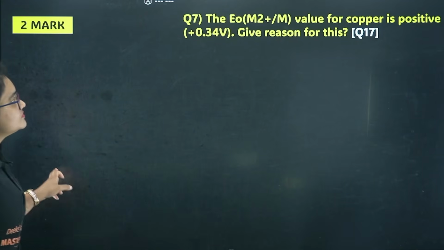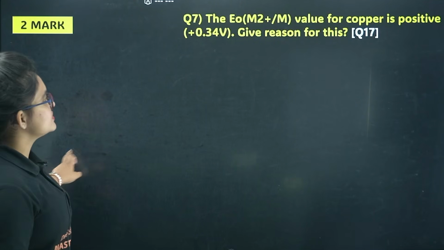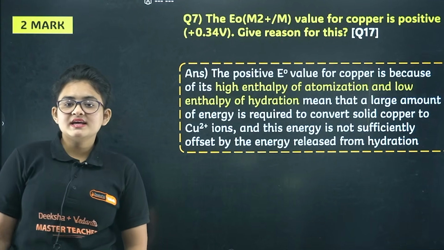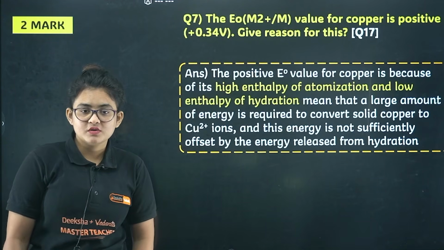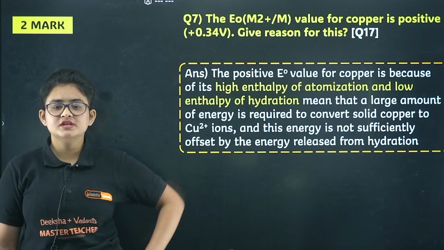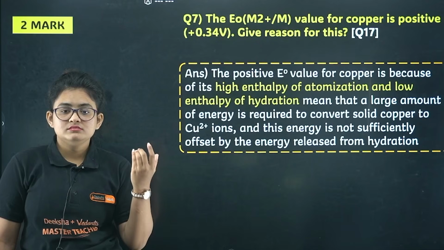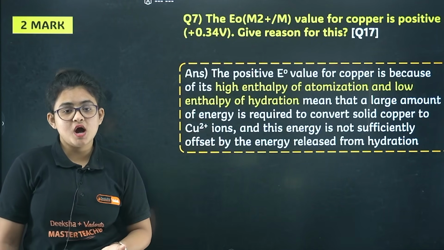Proceed. The E0 of the M2+/M value for copper is positive. The reason is high enthalpy of atomization and low enthalpy of hydration. It means a large amount of energy is required to convert solid copper to Cu2+ ion, right, and this particular thing will be counterbalanced by the hydration.